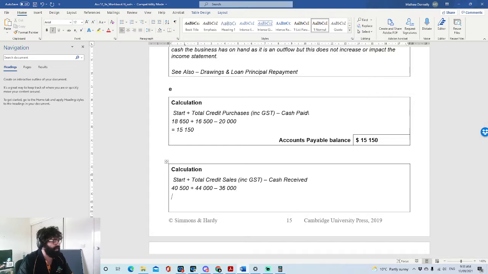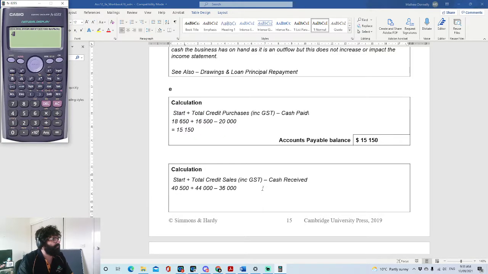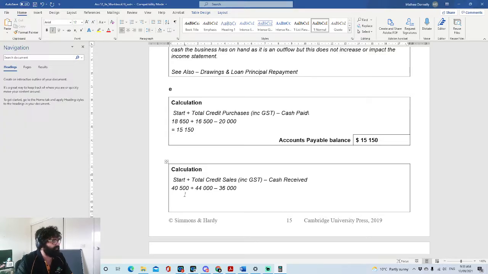It is 44,000. And then 40500 plus 44,000 minus 36,000, which we got from the cash flow statement, and that's 48500. So let's put that in.